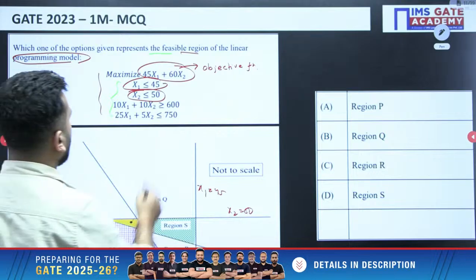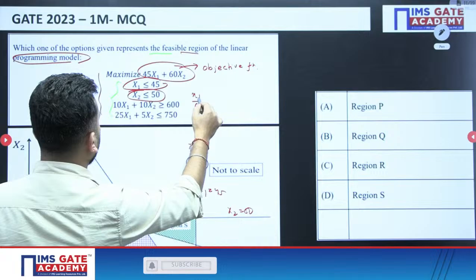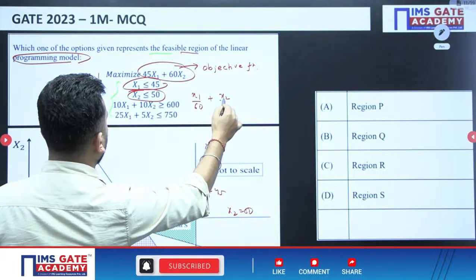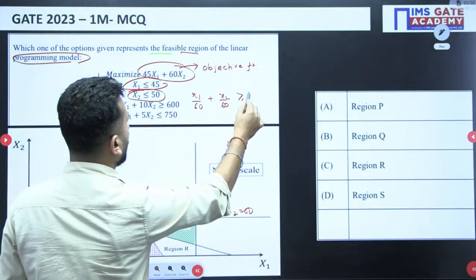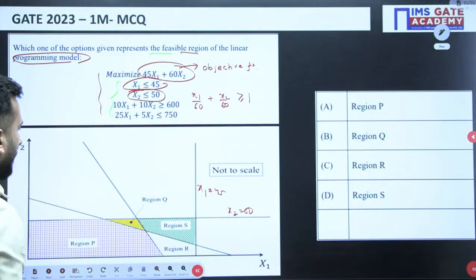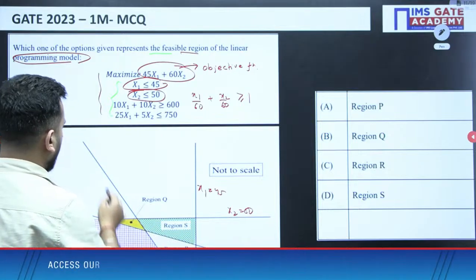Which one is what? So if I convert x1 by 60 plus x2 by 60 greater than or equal to 1, this is that line with intercepts 60, 60, yes.